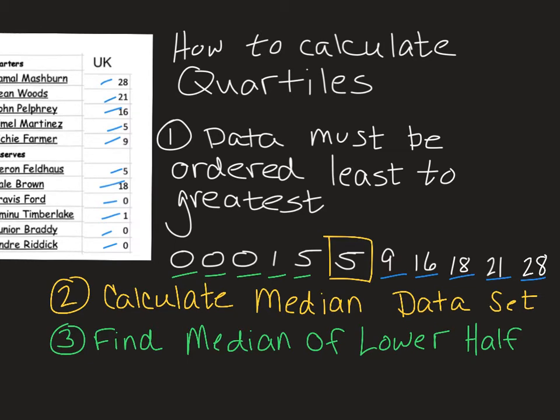So you've got a lower half and an upper half. That median is kind of like the wall that separates the lower half from the upper half of the numbers. So now if I look at the lower half of that data set, I know that I have 2 numbers here in the front. I have 2 numbers there in the back. So that means that the median of that lower half of the data set is 0.